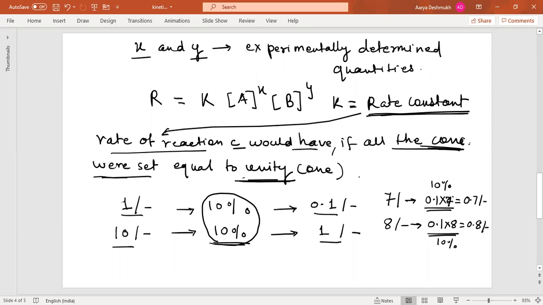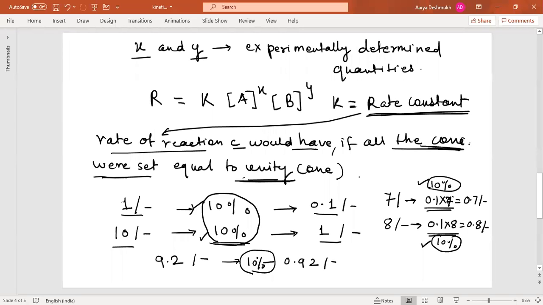I'm just keeping this 10% quantity constant. Here also 10%, here also 10%. Now if I have 9.2 rupees and want to give you 10%, the quantity is 0.92 rupees. Again I am keeping this 10% constant.